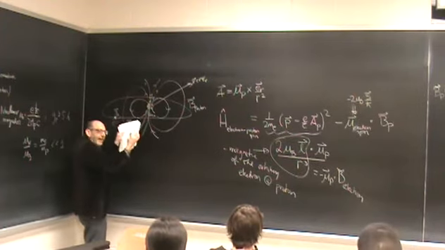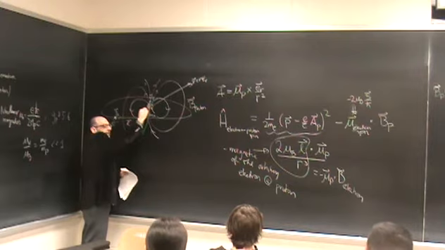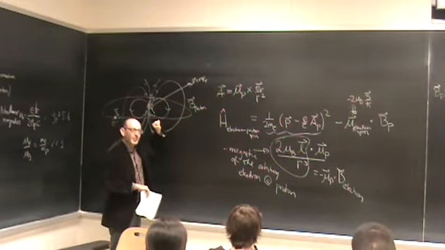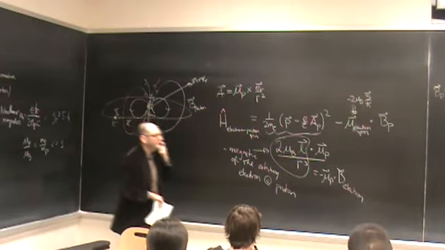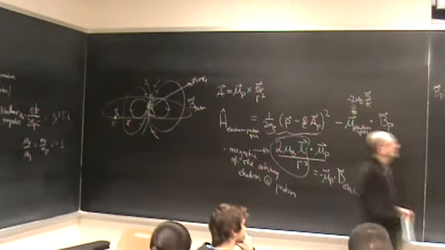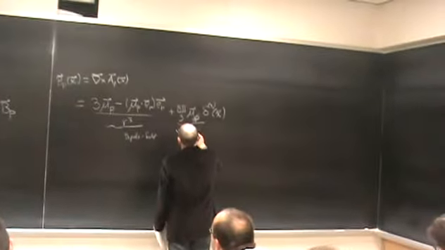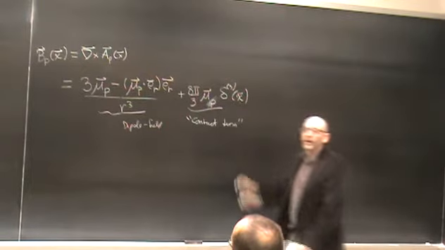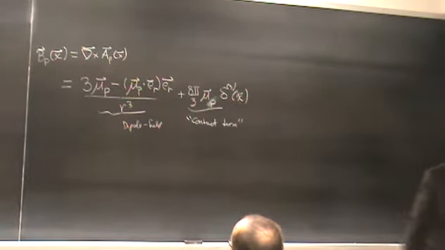But this is a point particle, so as we shrink this, there's a delta function right here. So this is the limit of this magnetized sphere shrunk to a point. This is called the contact term. This is only at the position of the proton.